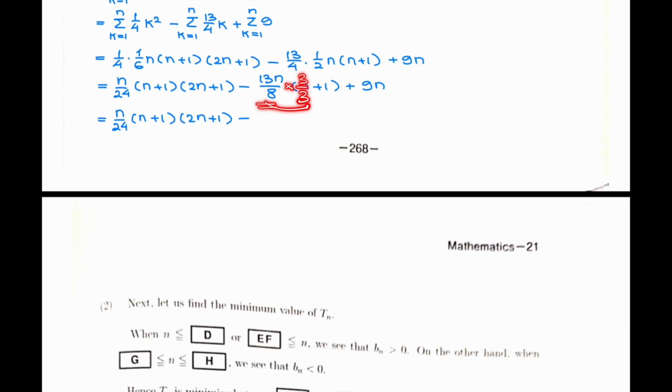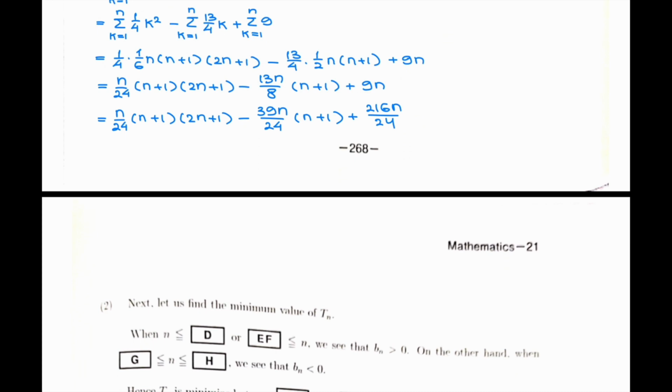And then for the numerator, 13 times 3, we have 39, over 24 times n plus 1. And then for my last term, I can times 24 over 24 to make the denominator become 24. 9 times 24 is 216 over 24. Don't forget to put n here.